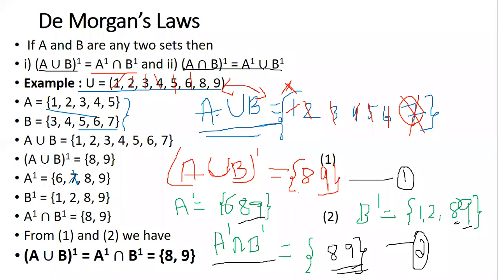Can you all try and prove this second law? Will you try this? You have to find out A intersection B and then find out the complement. And then you already know what is A complement and what is B complement. In this, you're supposed to find out the union of it. Then the answer should be the same.